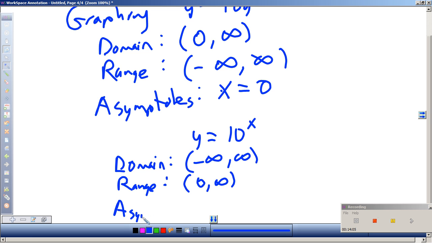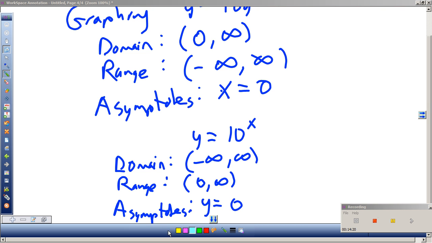Asymptote? What is it? Y equals 0. Do you see sort of a pattern between these? Let's highlight some things. Domain.